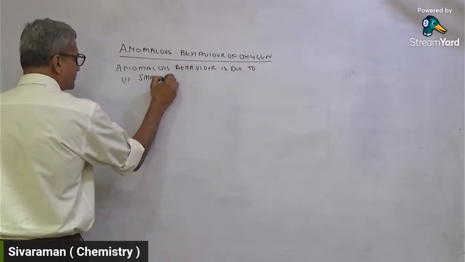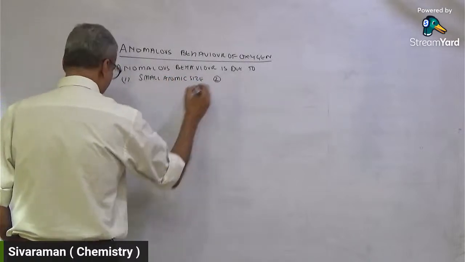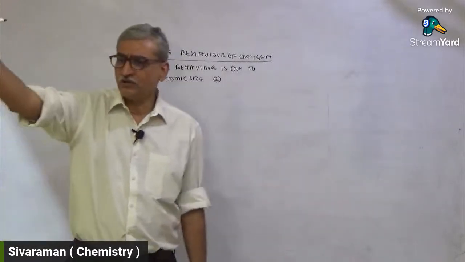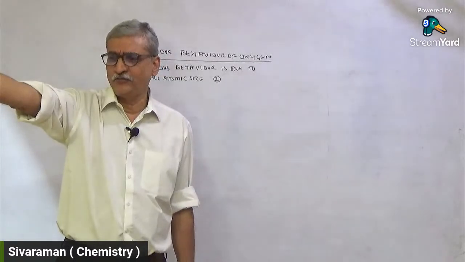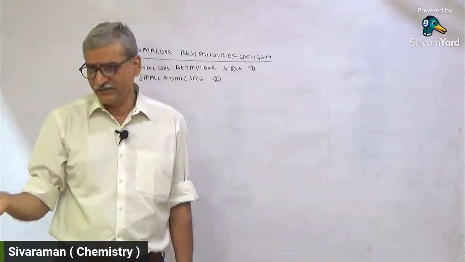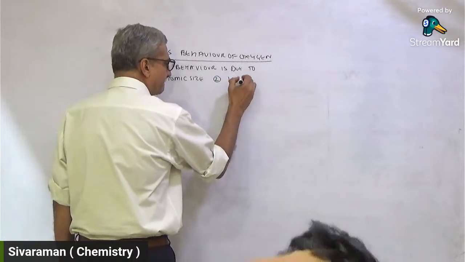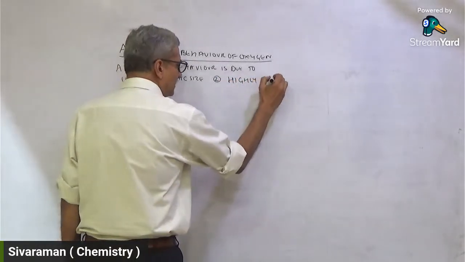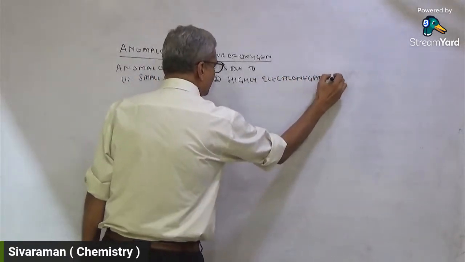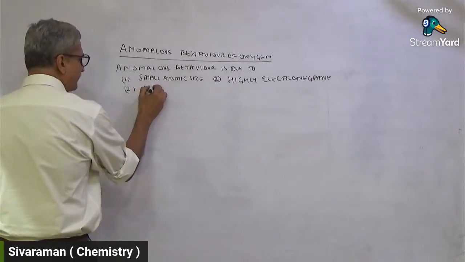The second one is very high electronegativity. The most electronegative element is fluorine, 4 on the Pauling scale, then oxygen, which is 3.5, then chlorine 3. So highly electronegative. And more important is absence of vacant d subshell.